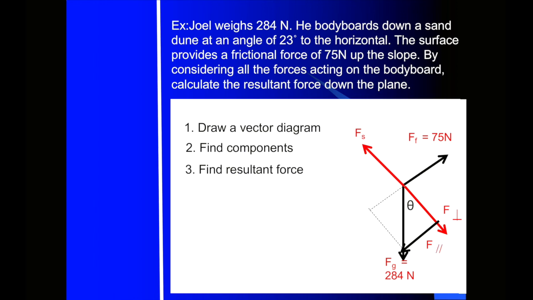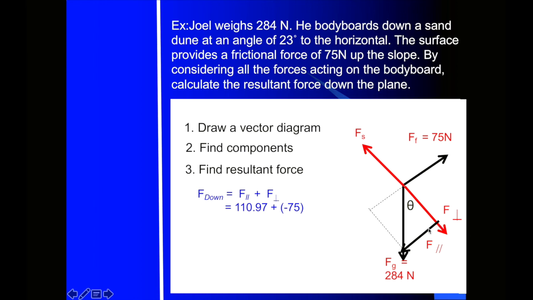Now, in order to find the resultant force, you know that the resultant force is the perpendicular and the parallel added together. We know that this arrow here, which is the force of friction at 75 newtons, is equivalent to this part right here. It is the same as this force right here.